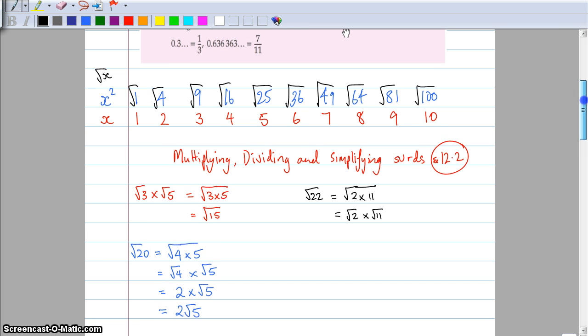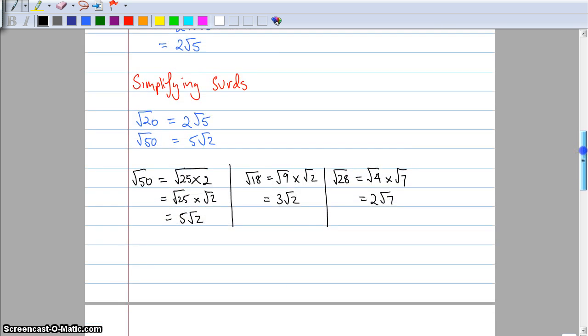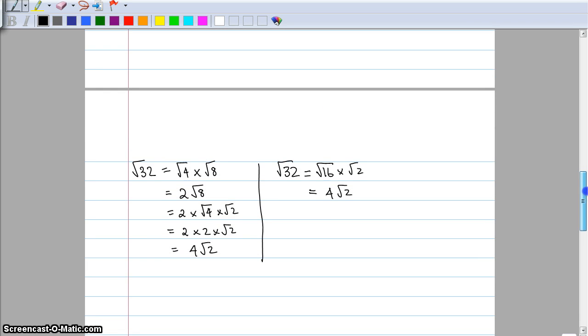But still, it's much better to use the highest number possible. But you don't have to. In a test or somewhere else, you can use a smaller number, and you might just have to do it 2 or 3 times. If in a test you stopped at, say, this point here, you would only get 1 out of 2 marks. You do need to go the whole way and simplify it as much as possible. So that's how we simplify surds.